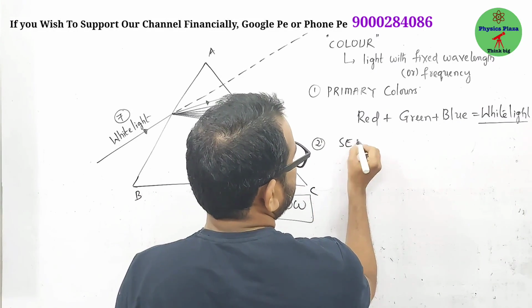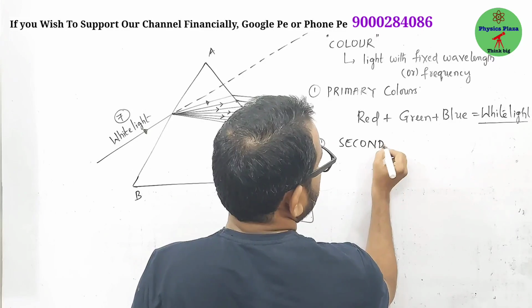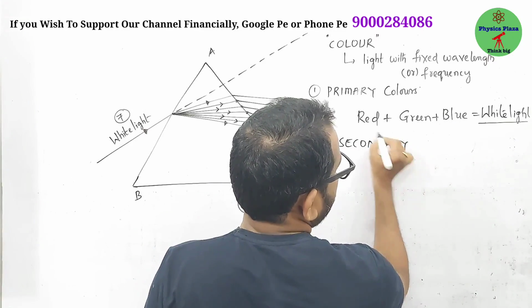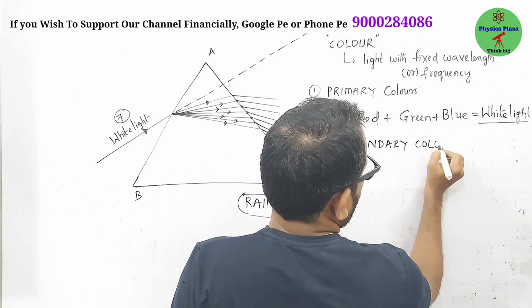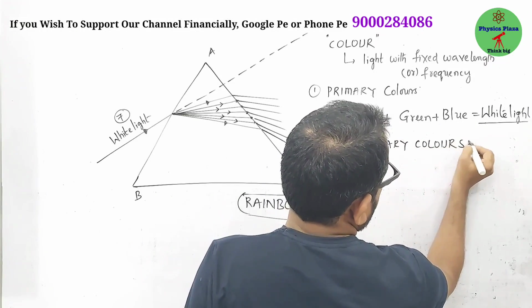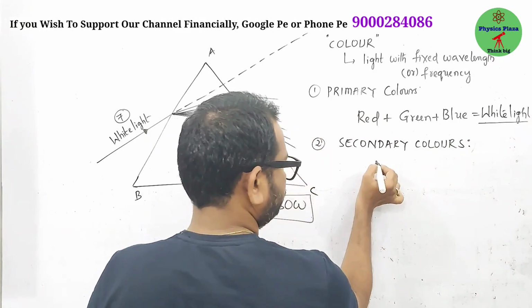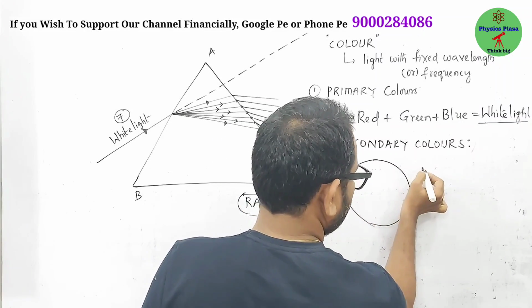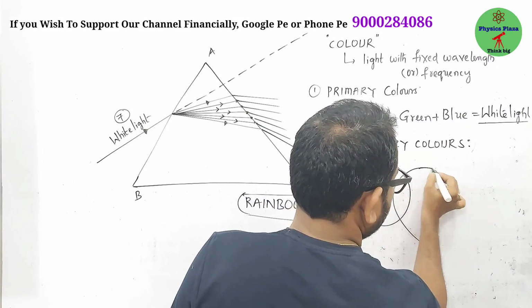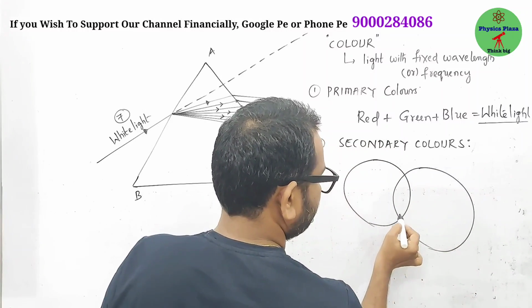Let us see secondary colors, and we will see some examples of how we can add these three colors to get secondary colors. Now look here. Let us say here is one color, here is two colors.